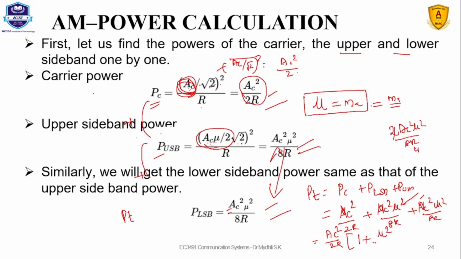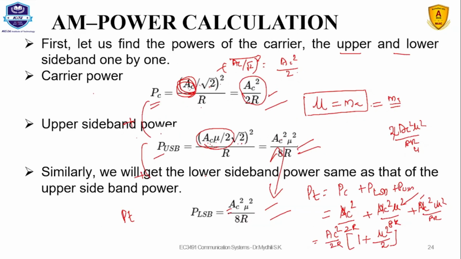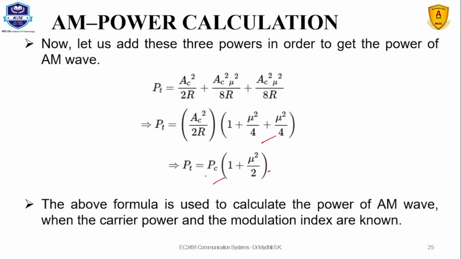So it will be mu square by 2. Already 2R is outside. So this is the final thing we have arrived. So let us see the calculation. Yeah. So the calculation here is same. So what we have done, it is same. So simply now replacing this Vc square or AC square by 2R with carrier power.